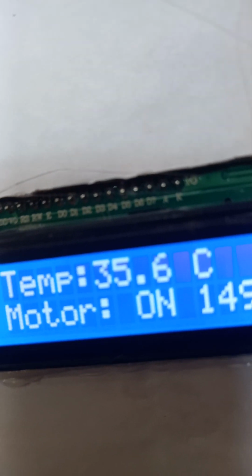Let me place my hand again around this to increase it. So you see, if the temperature increases, the speed of the motor also increases here.